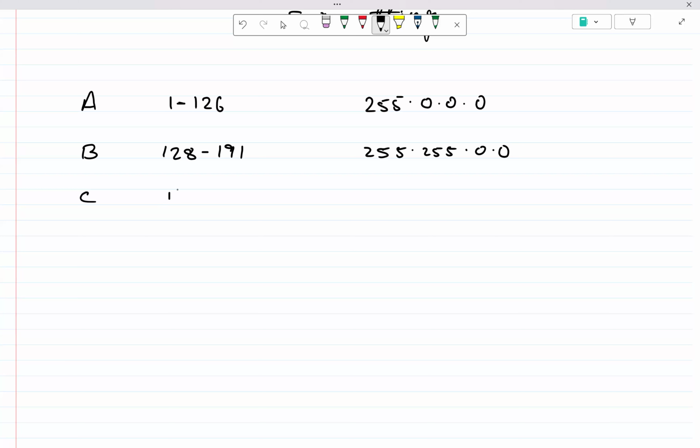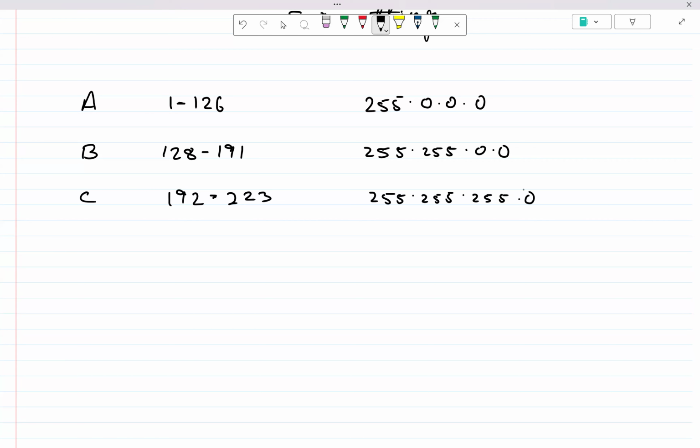Class C is going to be 192 to 223, with 255.255.255.0. So this is the default address mask, right?